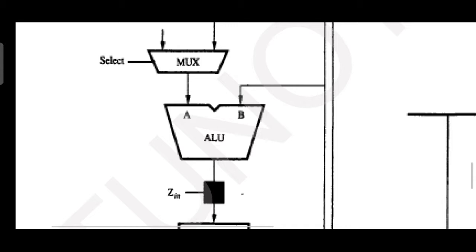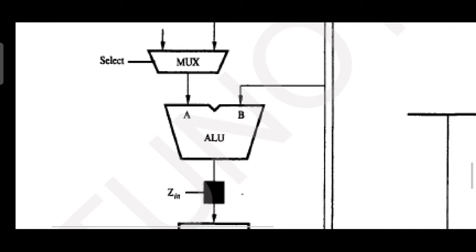The process is not ended yet. As per our requirement, the data should be placed onto the destination register R3. Where is the data stored now? The computed result is at Z. So take the data out from Z, Z out you have to activate, then place it inside register R3.